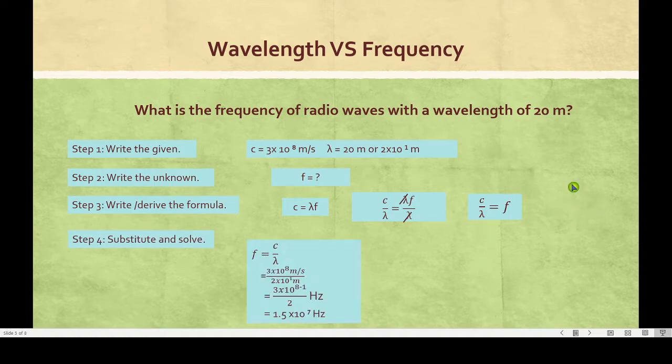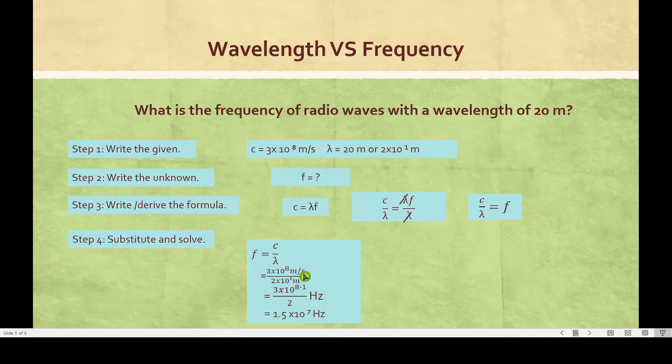Then substitute and solve. Write the formula in this way: F is equal to C over lambda. Then substitute. C is equal to 3 times 10 to the 8, then lambda is equal to 2 times 10 to the first power meters. You can see them here already.